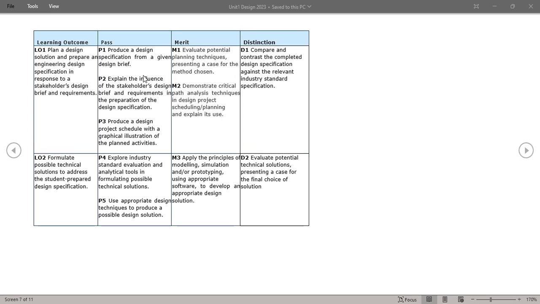The reason I'm saying to start off with an introduction that will cover P2 is so that the learner can understand and also explain that a design brief is generated by a customer, and the professional role of an engineer is to analyze that design brief and create a design specification that will provide details of how to design, build, test, and produce a working product.